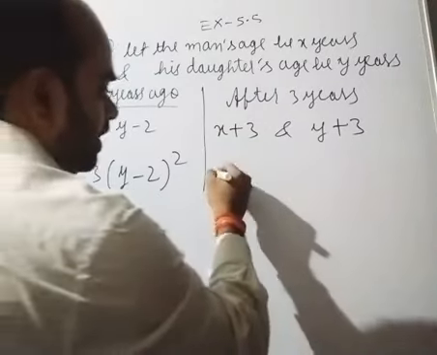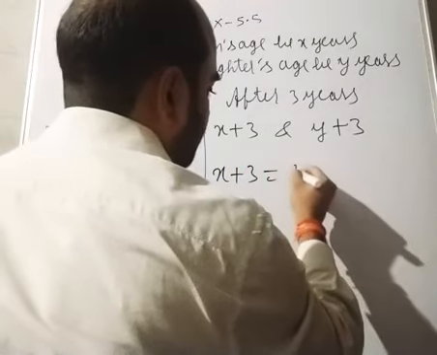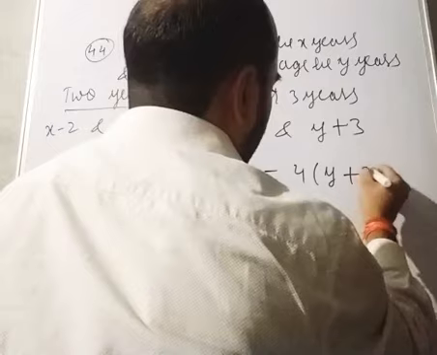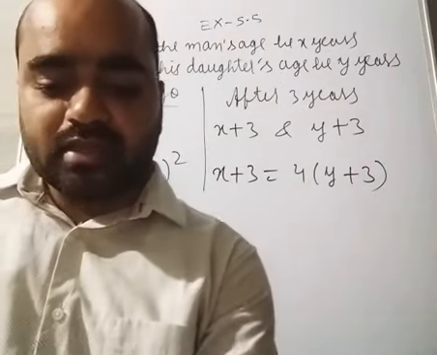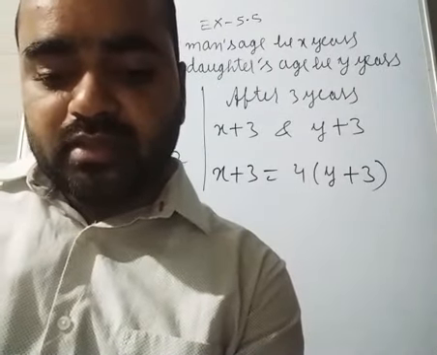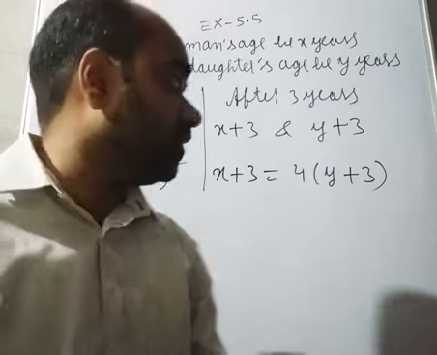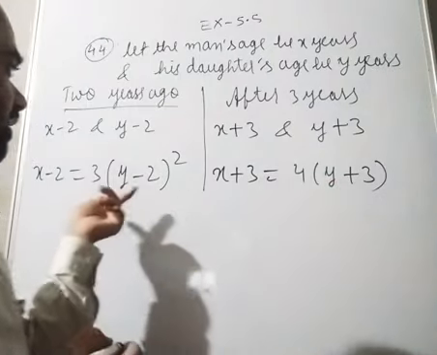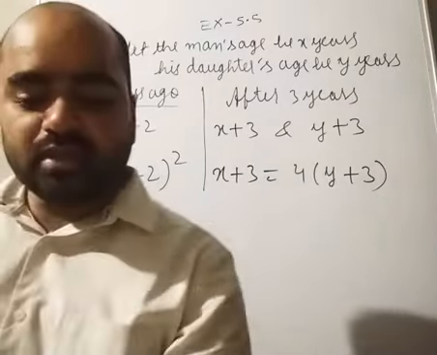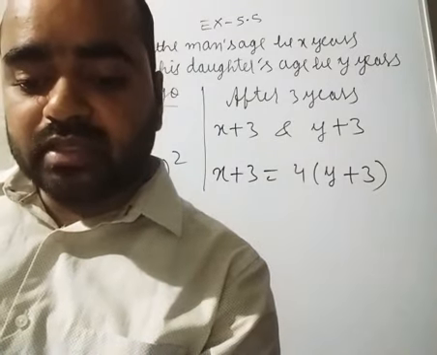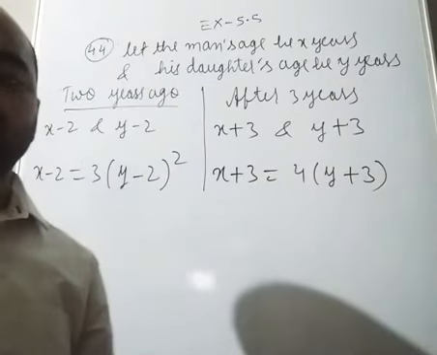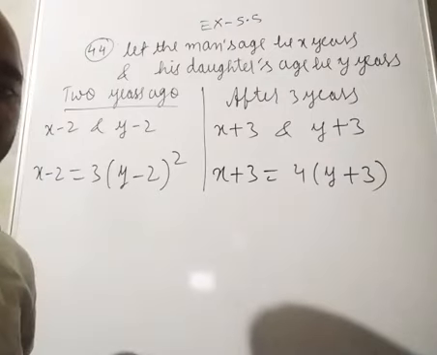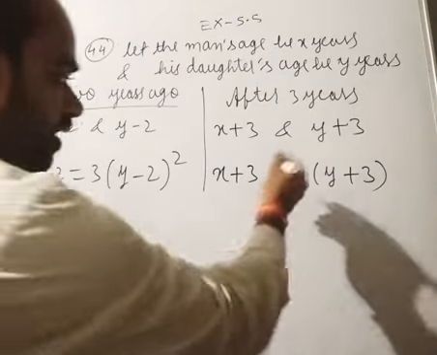It means the man's age will be 4 times his daughter's age. These two conditions are given. Now here you will solve.